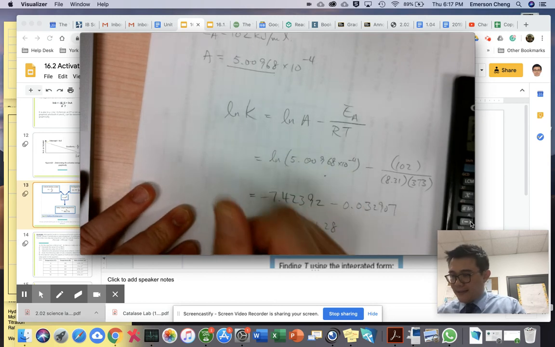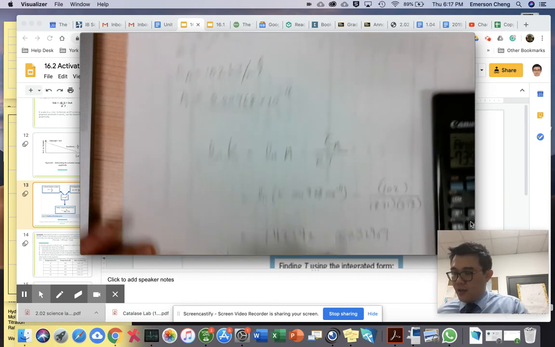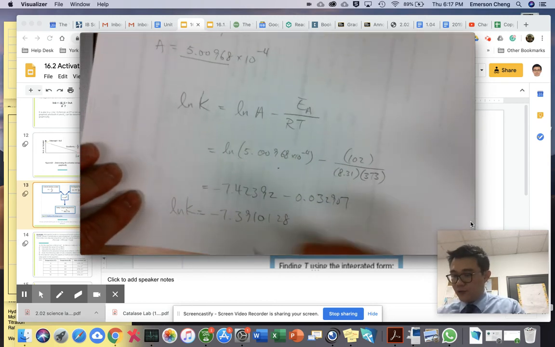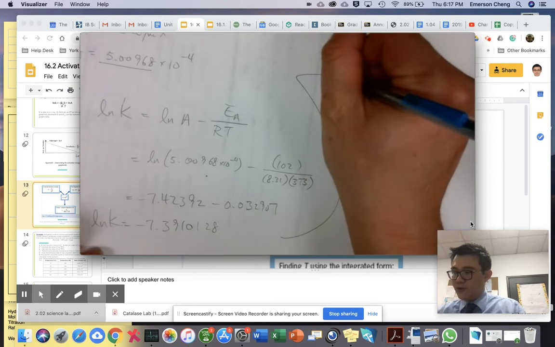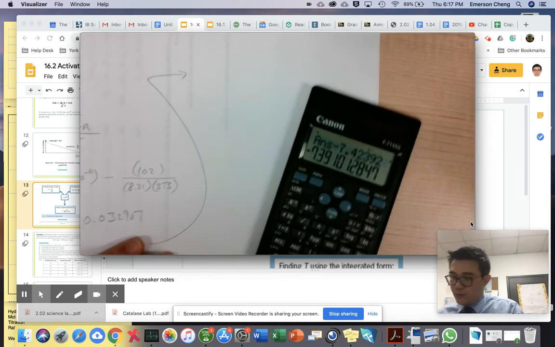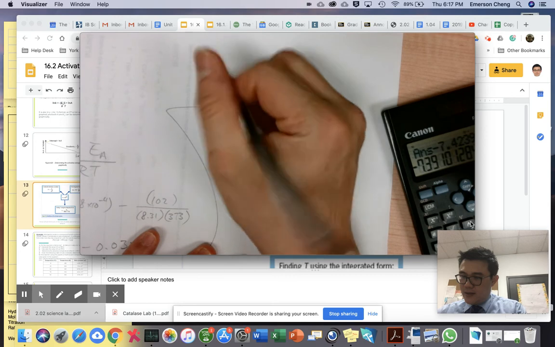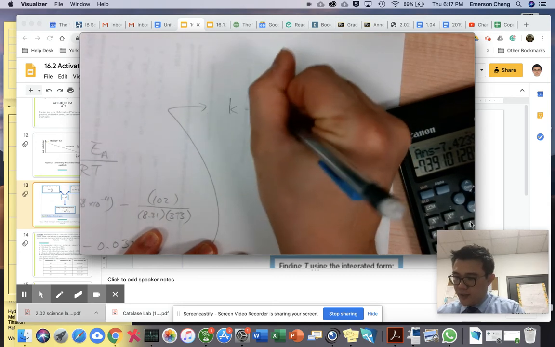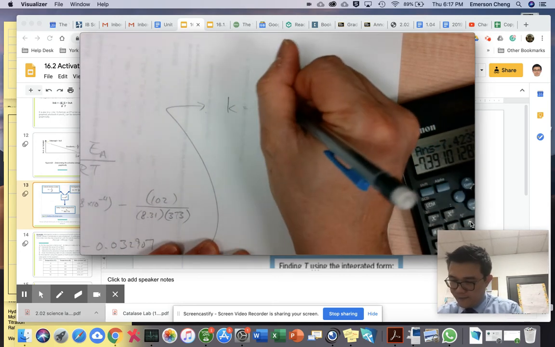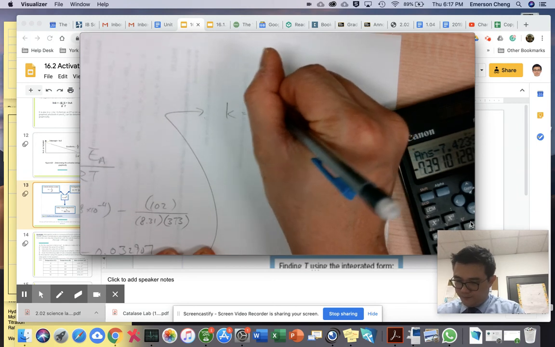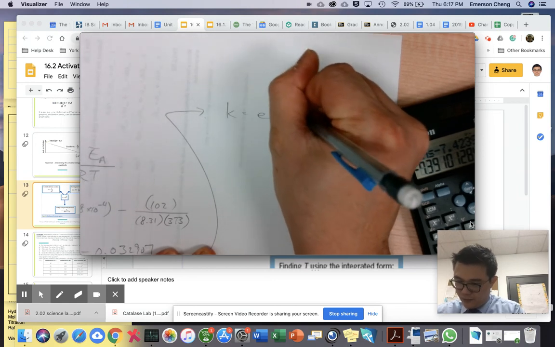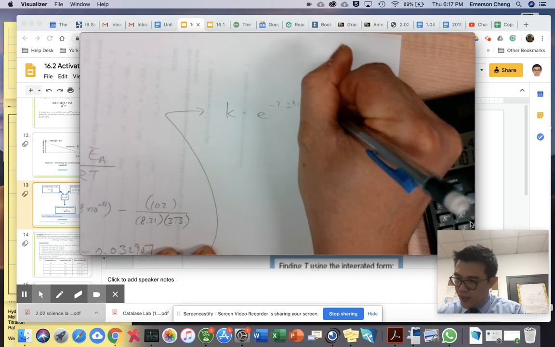Keep in mind this is ln k. To find k, you have to do the reverse of that. So k would be e to the power of minus 7.391028.